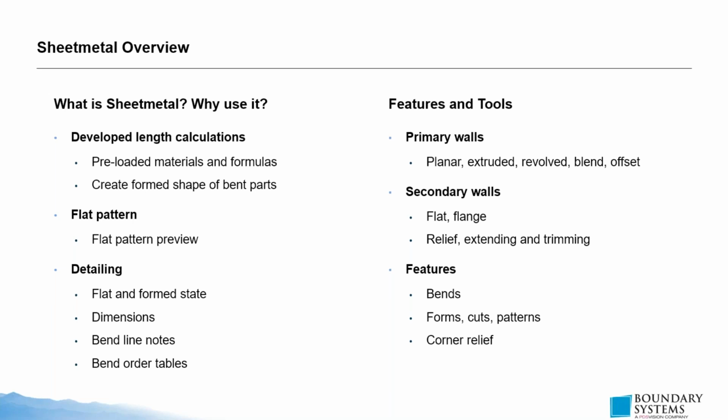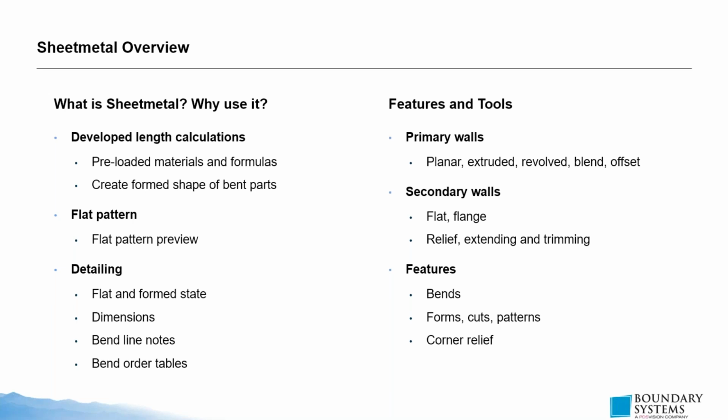So as I mentioned, you do need to have a primary wall in a sheet metal part. This is going to be a wall that's essentially used as the reference location for all of your other walls. So if you imagine this big sheet of sheet metal that is completely unmodified, it's just a big flat sheet of constant thickness.